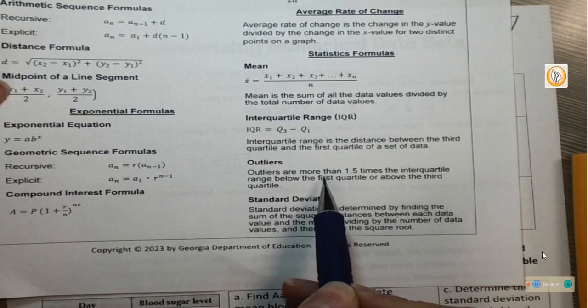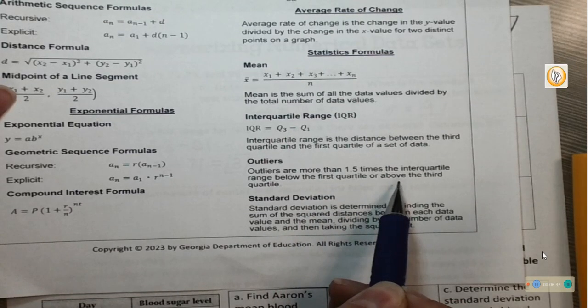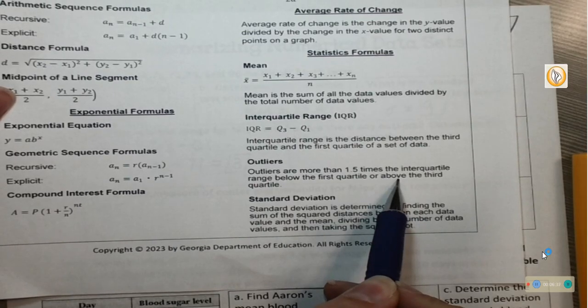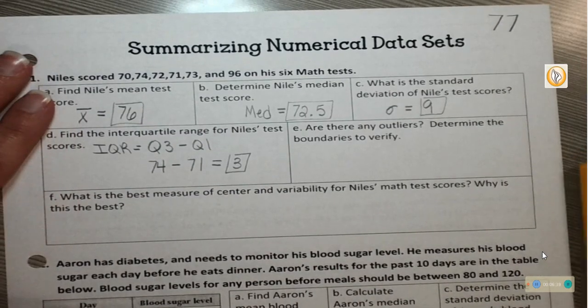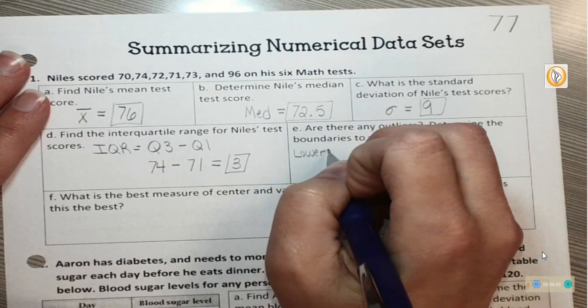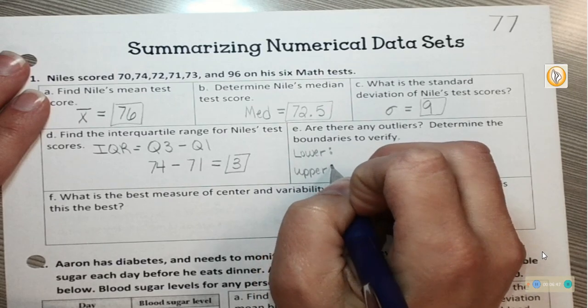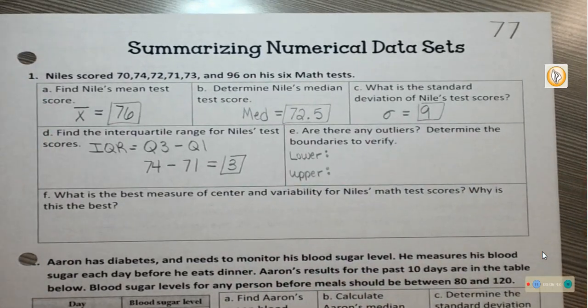If I want to go below the first quartile, I'm going to subtract from the first. If I want to go above the third, I'm going to add to the third. So this is what I call my boundaries. I have a lower boundary and I have an upper boundary. I got to figure out what are acceptable values.